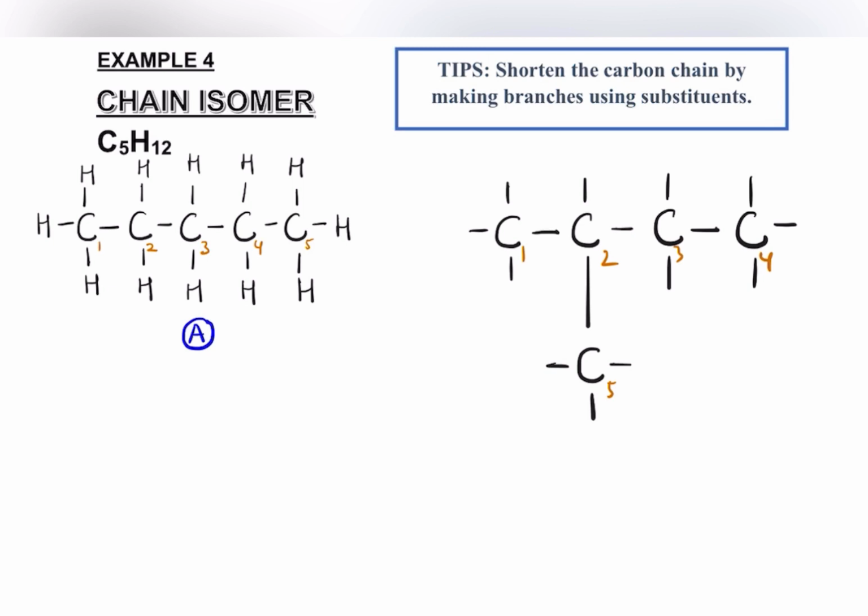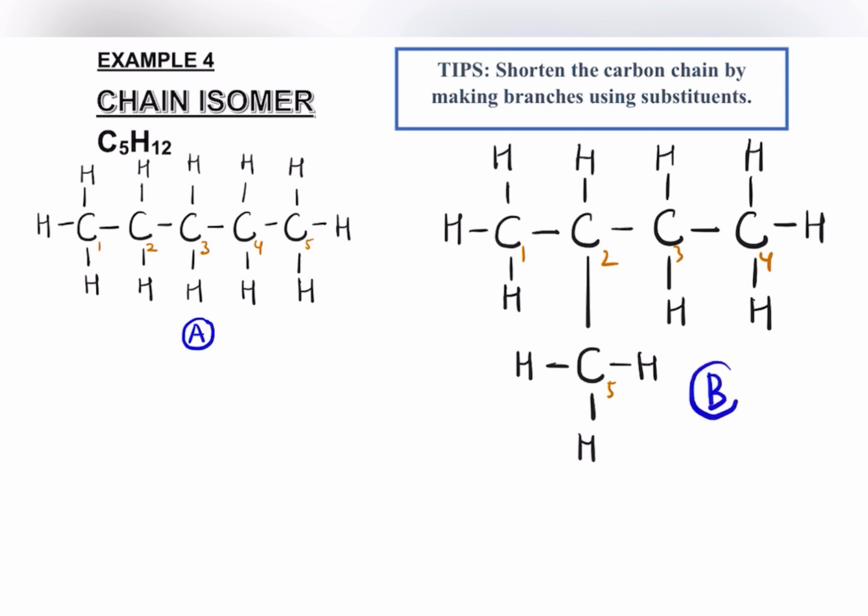Make sure your number of hydrogen is 12. So 3, 6, 7, 8, 9, 10, 11, 12. So you got the second isomer with a different arrangement of carbon chain, structure B.